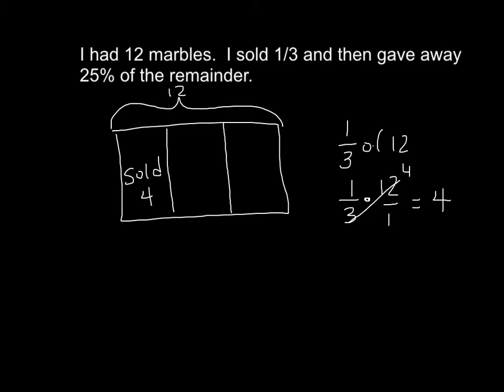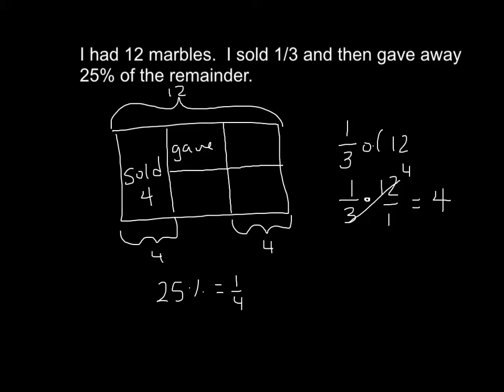And then it says we gave away 25% of the remainder. Well, 25% is a fourth, so I'm going to cut the remainder into fourths. And a fourth of it is what we gave away. Well, if 1/3 of it is 4, then this bar over here is 4, but it's still cut into 2 pieces. So it means 2 and 2.